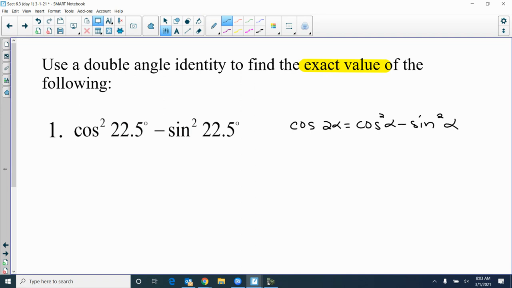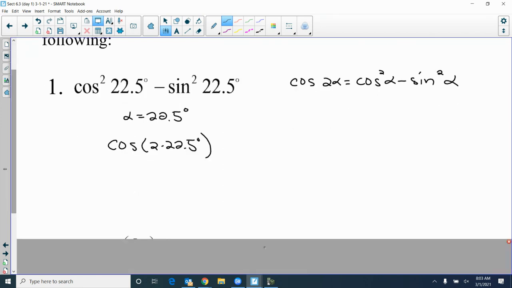According to this, our alpha is this angle right here. Our alpha is 22.5 degrees. Now we're saying that cosine squared minus sine squared is equal to cosine of 2 times 22.5. Well, 2 times 22.5 is 45, so cosine of 45 degrees.